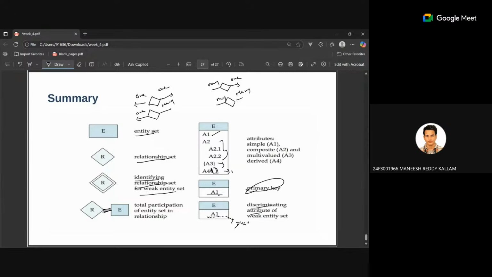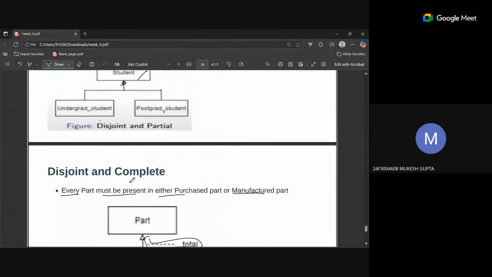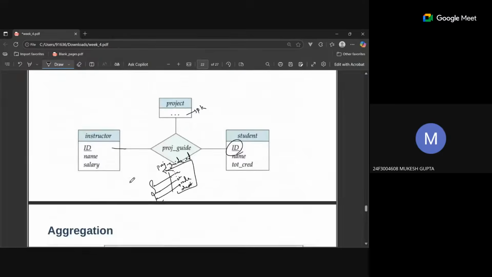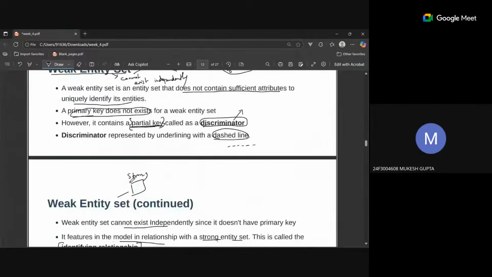Sir, a few terminologies, like there is a terminology called roles in an ER diagram. Roles are written on the lines in a relationship. The example was given with course and prerequisite, in the video lecture.